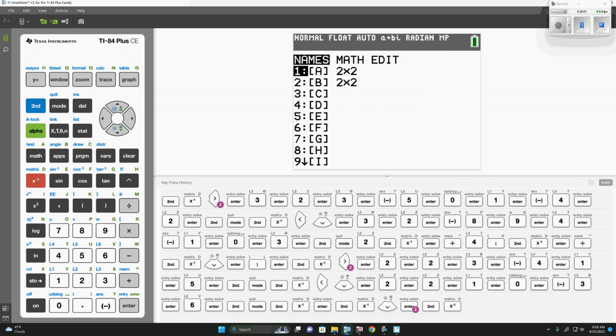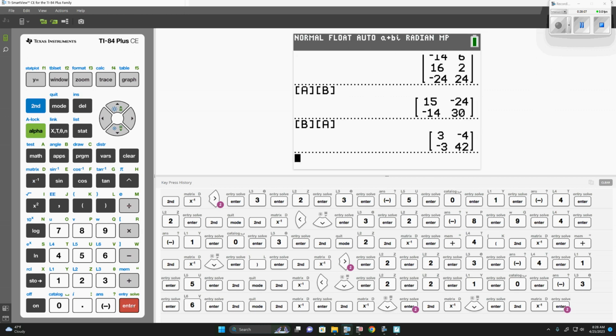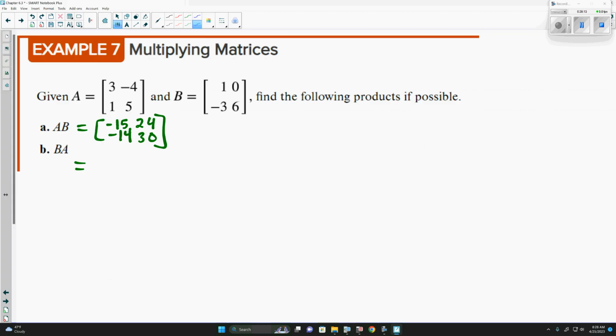Now we can do it the other way and say B times A and get 3, negative 4, negative 3, 42. Almost got it. Negative 3. So here, we can do both products, A times B and B times A. The main reason is that matrix A is a 2 by 2 and matrix B is a 2 by 2, so no matter how we match it up, the products work.